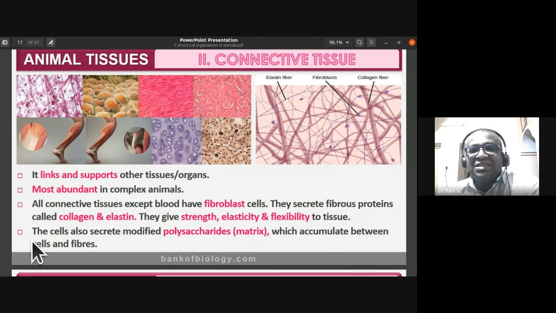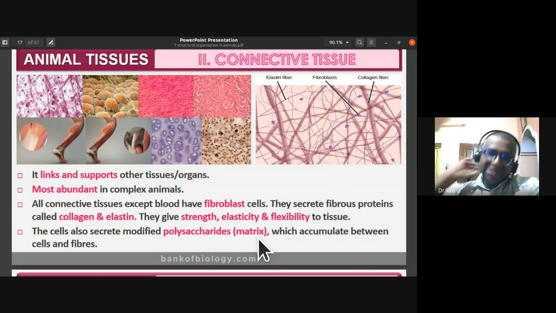The cells in this connective tissue also secrete modified polysaccharides, the matrix, which accumulates between the cells and fibers. So you find the matrix between the cells and fibers, secreted by the connective tissue cells.